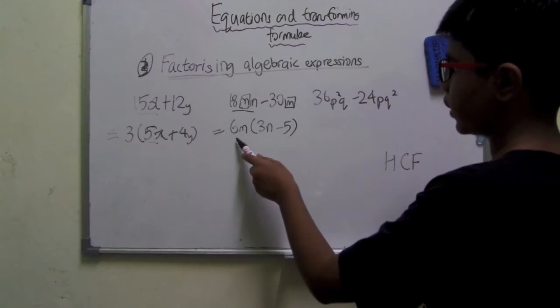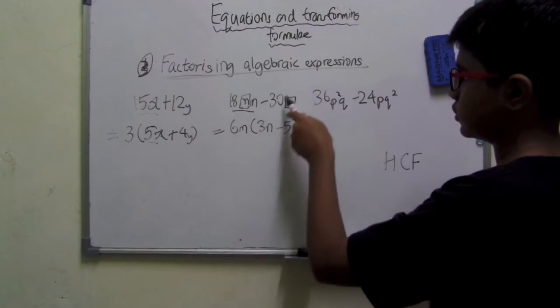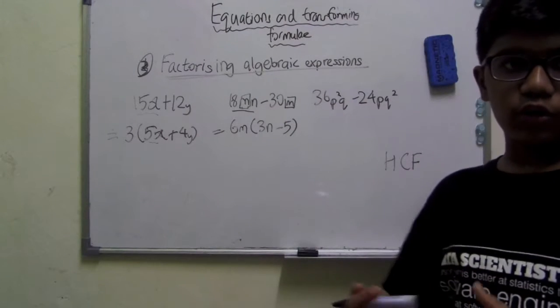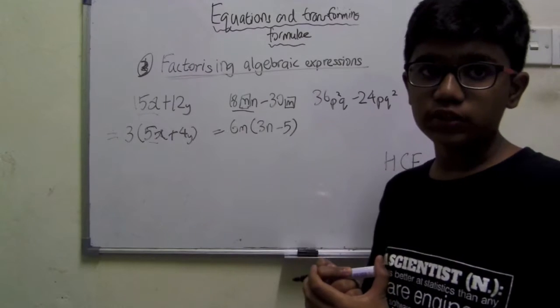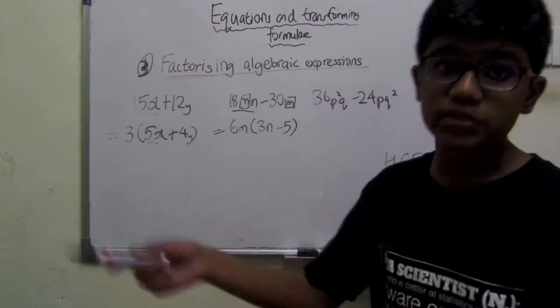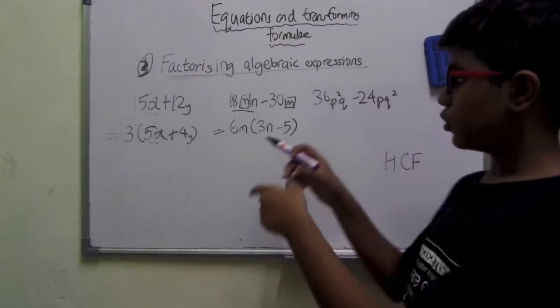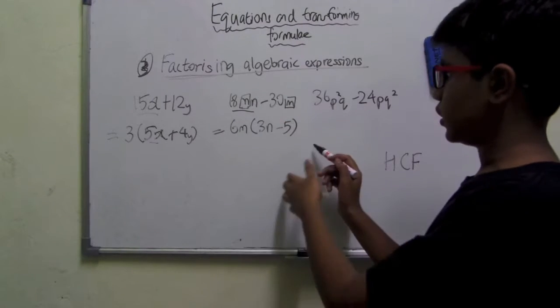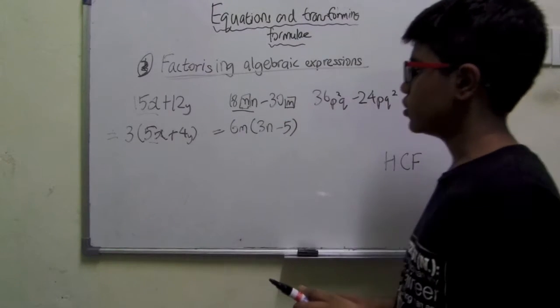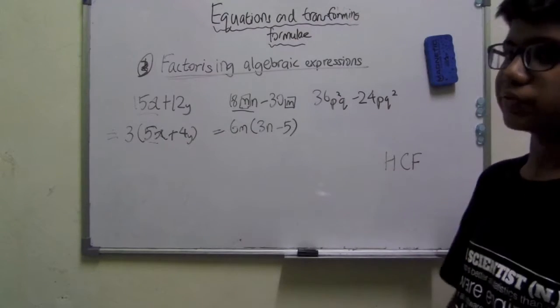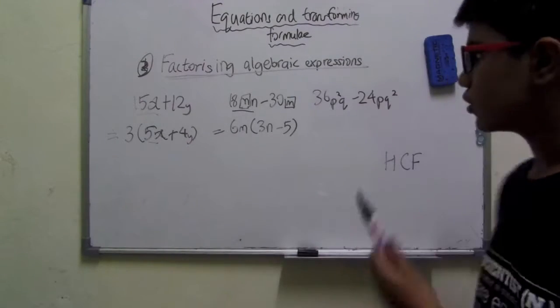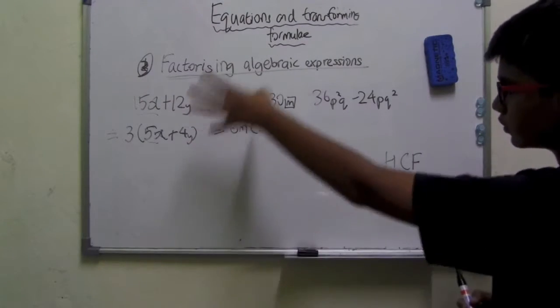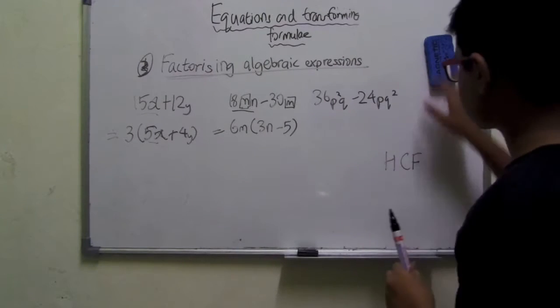If you simplify this expression, you will come back to this. Simplifying expressions is the opposite of factorizing them. So the question becomes the answer here, and there the answer becomes the question. So factorizing and simplifying are total opposites. Okay? So bring what's common outside, leave what's not common inside.